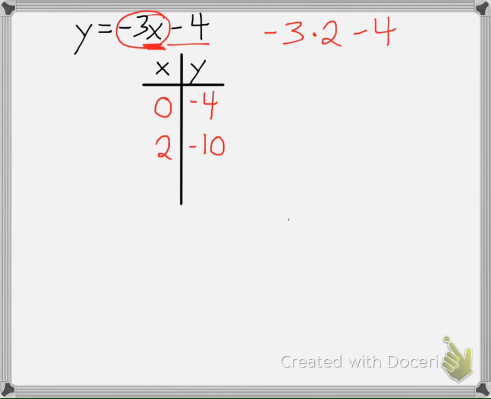Now, can I draw a line now? Yes, 2 points is enough. However, I always recommend doing at least 3. The main reason I recommend at least 3 is that if I draw 2 points, there will always be a line that goes through those 2 points, right? If I draw 2 points, like say I draw one here and another one there, is there going to be a straight line that goes through those 2 points?